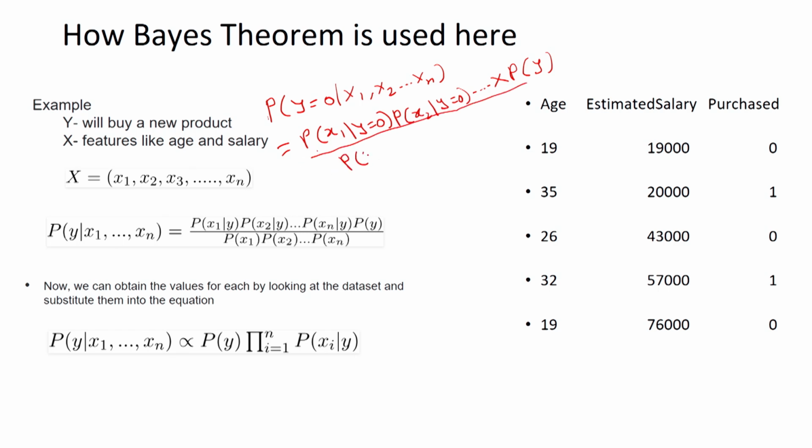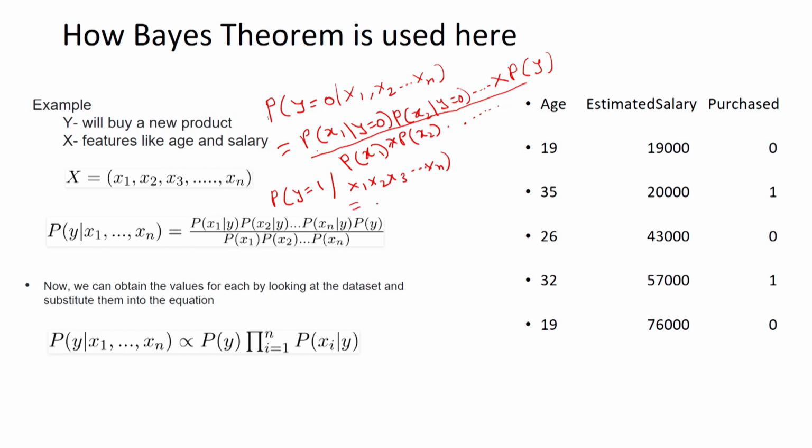and so on, into probability of y, upon probability of x1 into probability of x2 into probability of x3 and so on. In the same way, we will calculate probability of y is equal to 1 given x1, x2, x3 and so on up to xn. How will we calculate it?